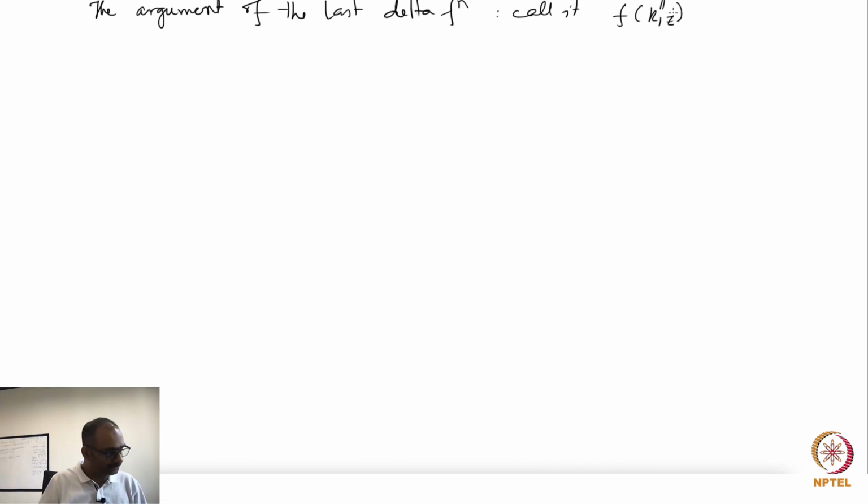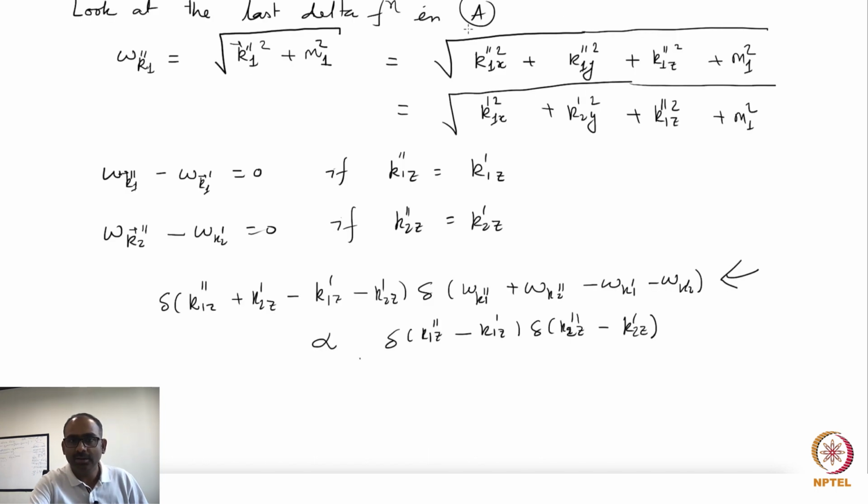Let me write down: f of k1 double prime z is by definition omega k1 double prime plus omega k2 double prime minus omega k1 prime minus omega k2 prime. That is what appeared in this argument, and that is what I have defined as f.